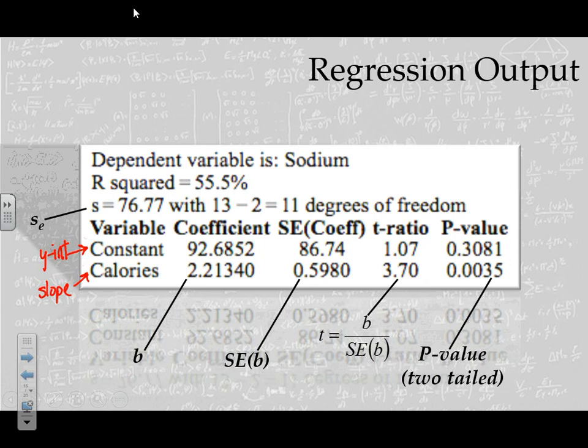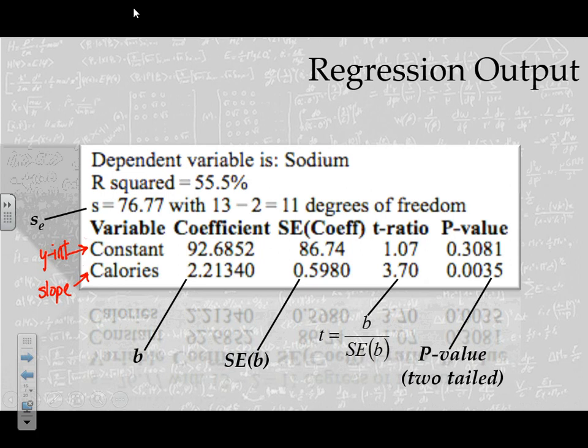But if you had restricted your alternative to simply greater than or simply less than, what would you have to do with this value here? Cut it in half. This tells you what's in both tails, but if you're looking at greater than or less than, you're only looking at one tail. So you have to cut it in half to get just the one tail that you're interested in. Is everyone okay with that? So as far as the output goes, this is the most important piece, being able to pick out each of the individual pieces. Okay?